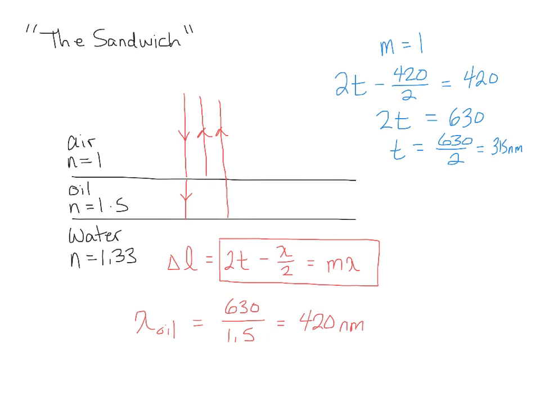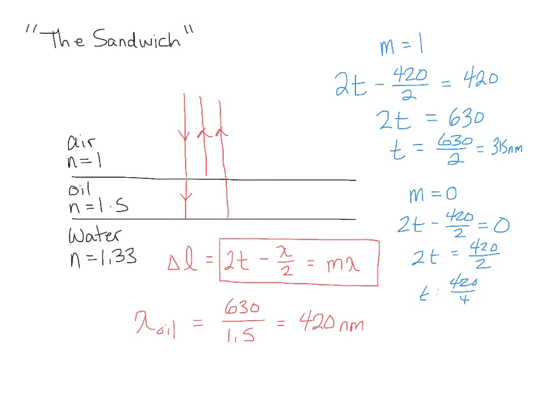But remember, we also get constructive interference when m equals 0. So in that case, I'd have 2 times the thickness minus the wavelength over 2 equals 0 times 420, which is just 0. So 2t equals 420 over 2. So t is 420 over 4.